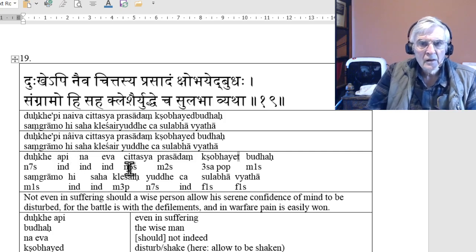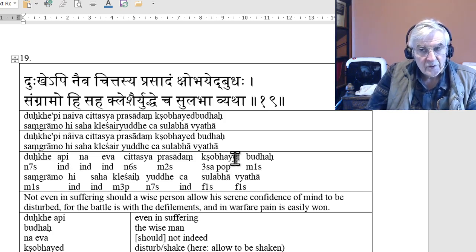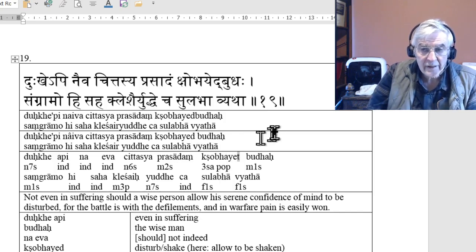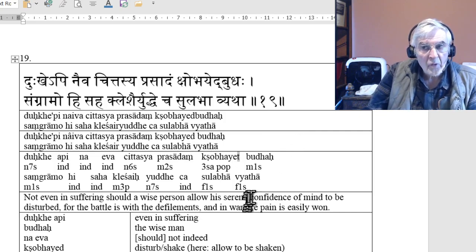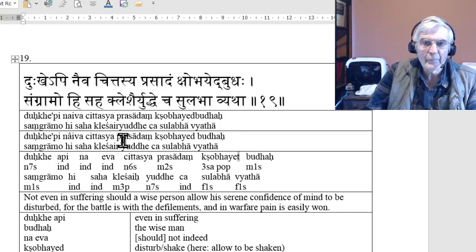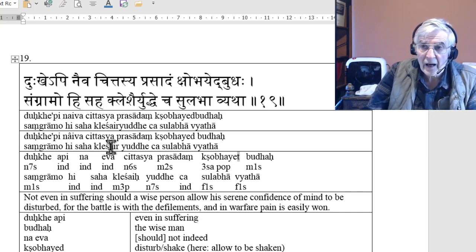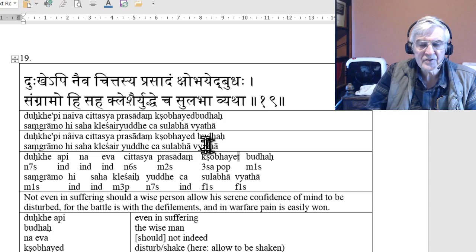Na kshobhayet, let him not allow to be disturbed. Buddha na kshobhayet, let not the wise man allow to be disturbed. Prasadam chittasya, the prasada of his chitta, the serenity of his heart mind.